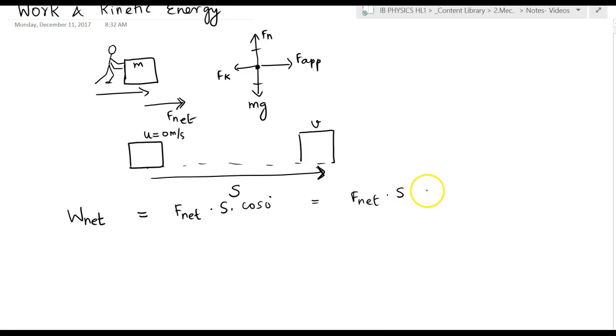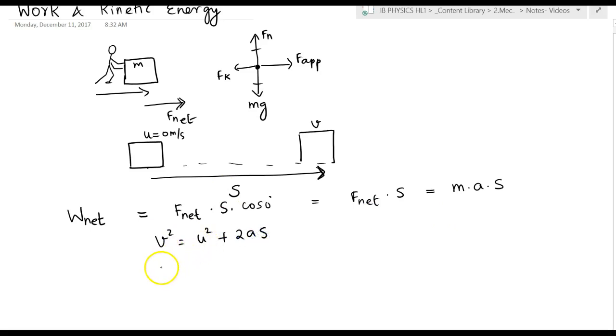Let's expand net force. Net force is nothing but mass times acceleration, so it is m times a times s. We want to rewrite this a, so we can use the equation of motion, where we know the initial velocity, the final velocity and the displacement. So v squared is equal to u squared plus 2as.